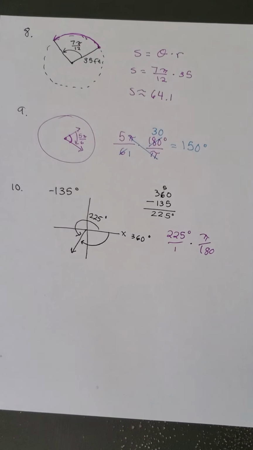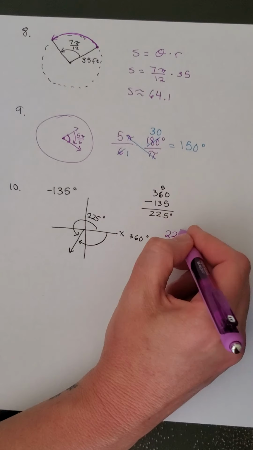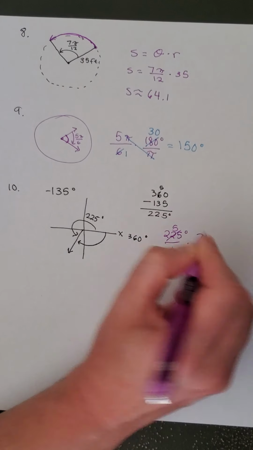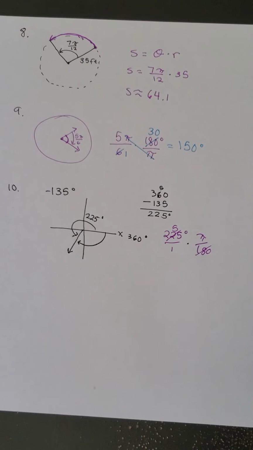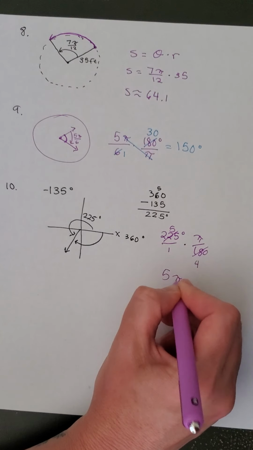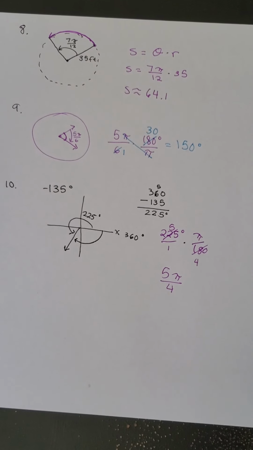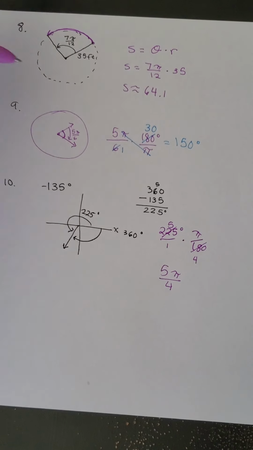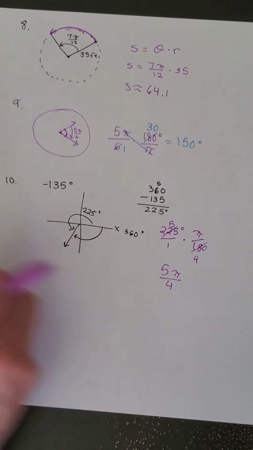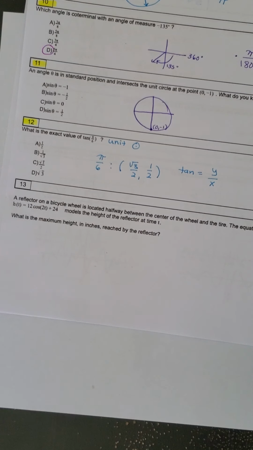I know 45 will go into both, so 225 divided by 45 is 5, and 180 divided by 45 is 4, and so this is 5 pi over 4. All right, next one, number 11. Oh, 5 pi over 4, by the way, that would be D, 5 pi over 4.